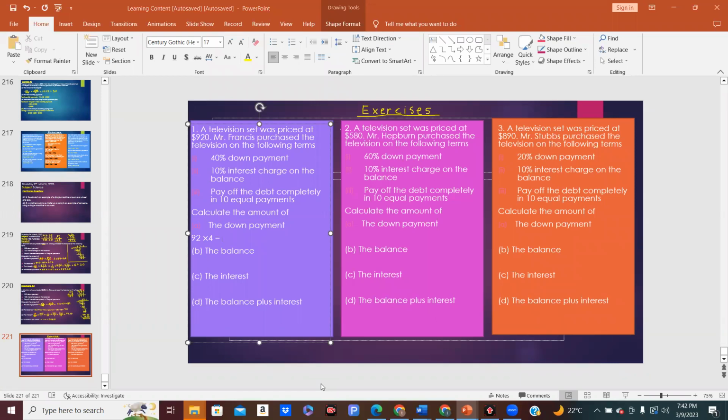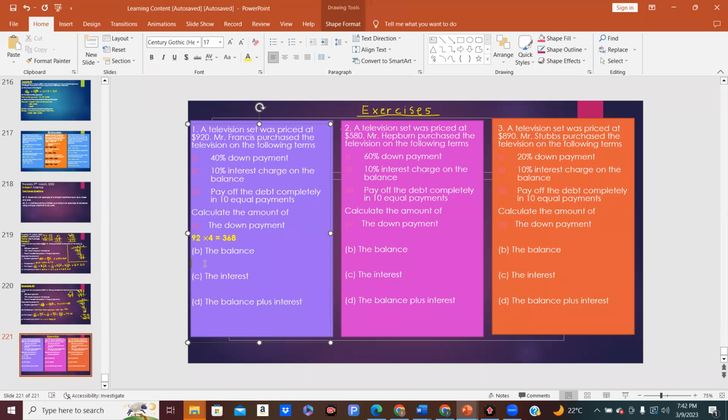Okay, yes, that's correct. 92 times 4 is going to be 368. Okay, go ahead, Ariana, for the balance. What do you get for the balance?